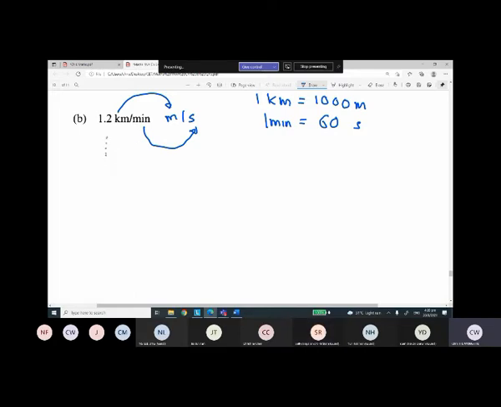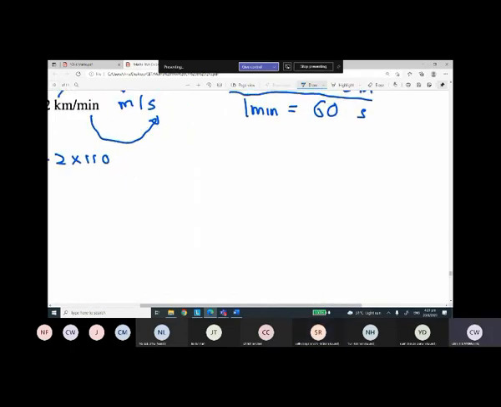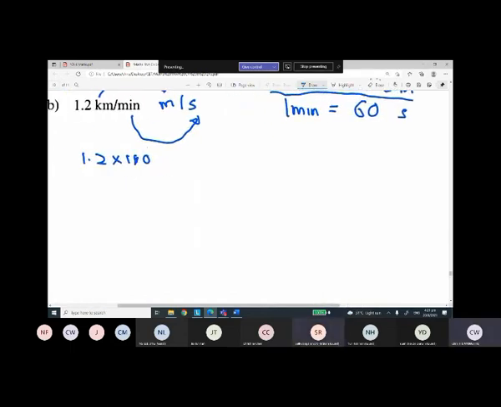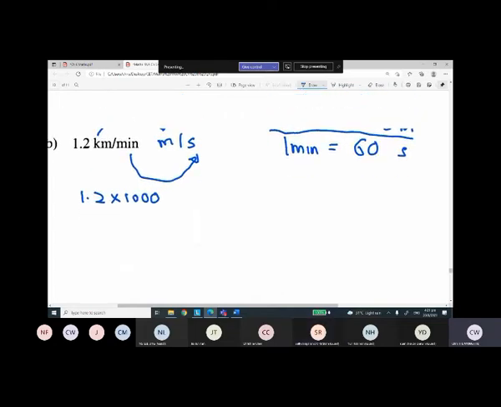Now 1.2 kilometers. Just now who was it? Hazima, is it? Okay, now you see, 1 km is 1,000 meters, so 1.2 km will be 1.2 times 1,000.